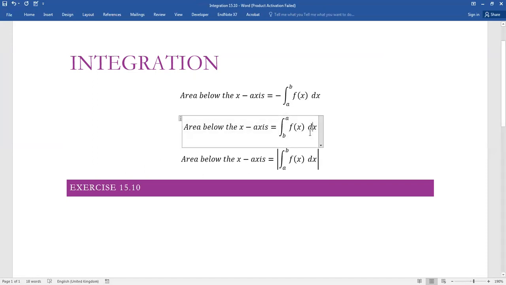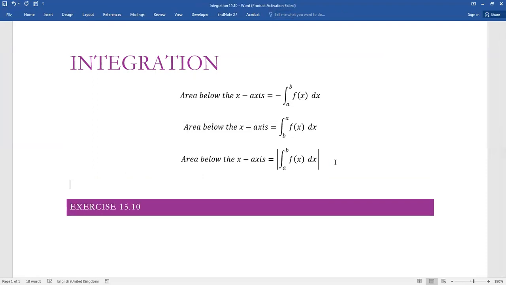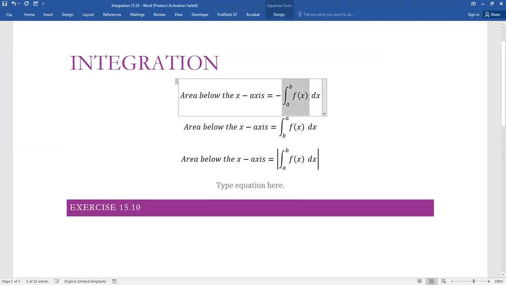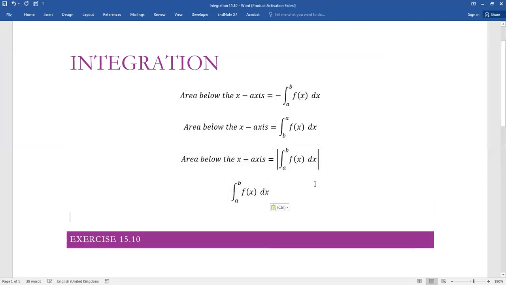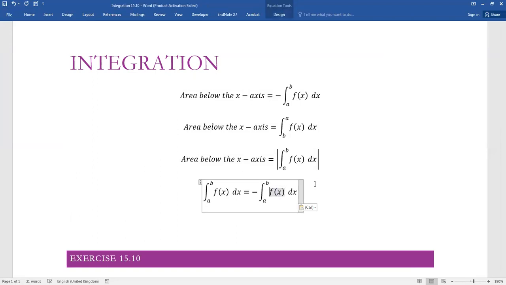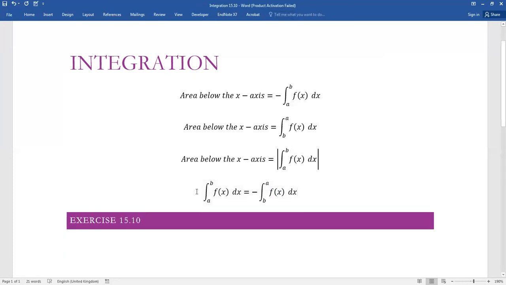So one thing that we have learned from this is whenever we encounter a definite integral, if you were to do this definite integration and you do it this way, you switch the limits and you multiply it with a negative sign, you again get the same value. Make sense? Yes, sir.